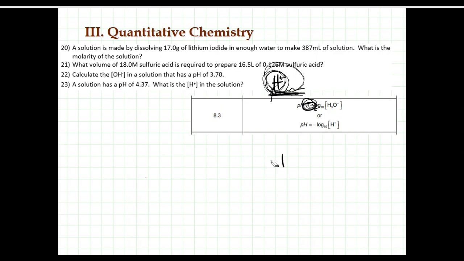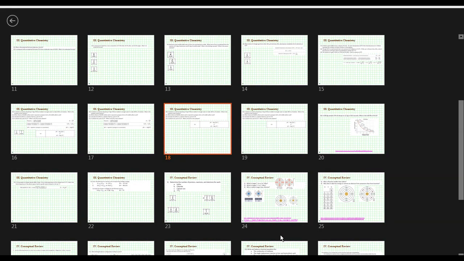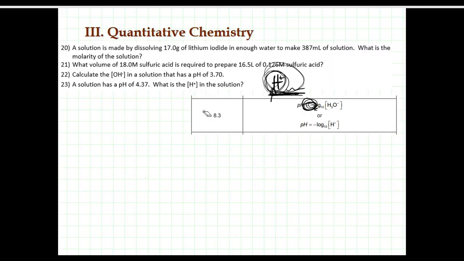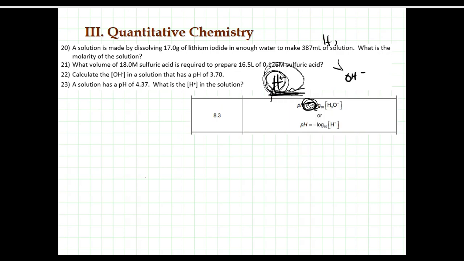What's kind of crazy is that the opposite of that hydrogen ion concentration is the hydroxide concentration. Because if I mix this guy and this guy, we end up with water. So they kind of cancel each other out.